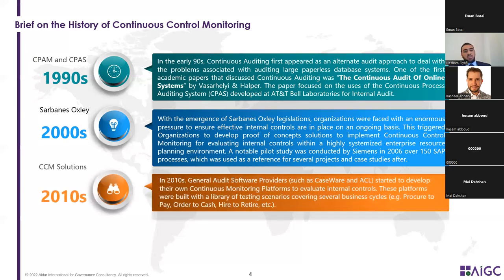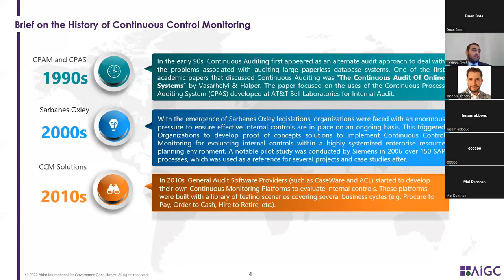Later, in the 2010s, I think all of us started hearing about CCM, especially as general audit software providers and other service providers started developing their own platforms to evaluate internal controls continuously. These platforms were mainly characterized by being built with a library of tests and testing scenarios covering different areas, whether it's order to cash, hire to retire, procure to pay, or other financial aspects, especially general ledger.